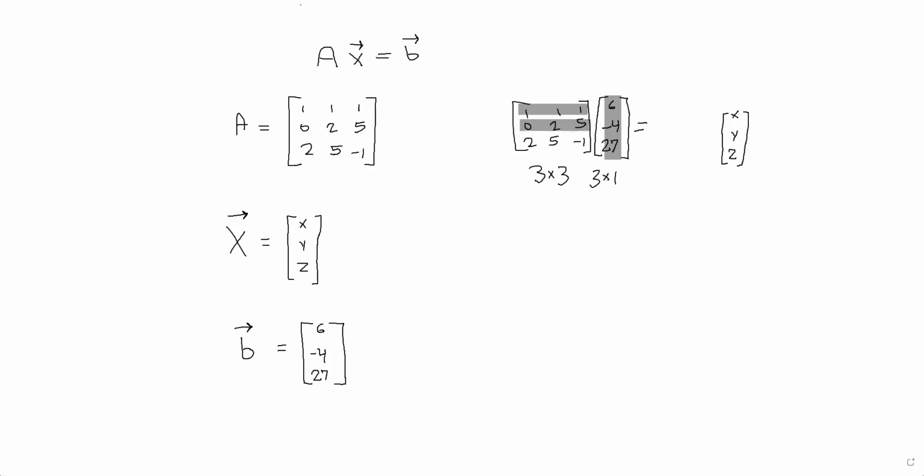We're doing things a little bit differently this time. We're going backwards. We are reverse engineering a solution, so we can find the vector which, when we multiply by our matrix, we get this as our result. So we're going to multiply our first row by this column vector. So we have 1x plus 1y plus 1z equals 6.